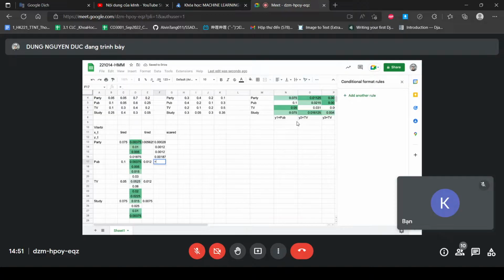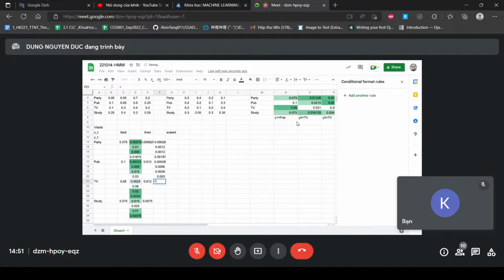I keep doing this job. Sorry, I will try to make it quick for you. So E13 multiplied with C, let me move to C, C4. E17 multiplied with C5. E21 multiplied with C6. This one is E25 multiplied with C7.